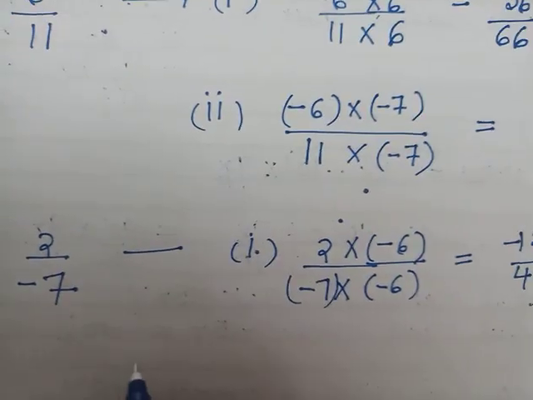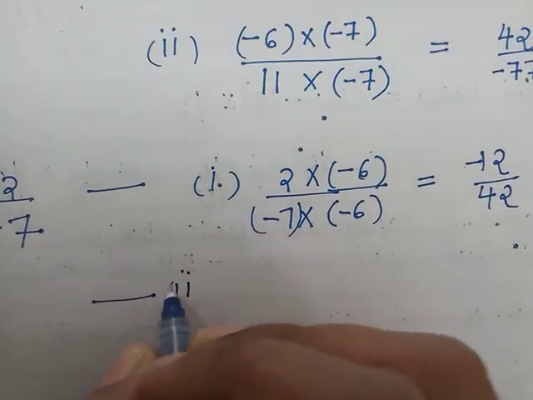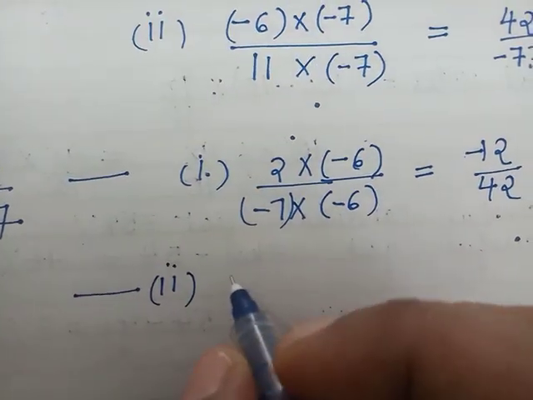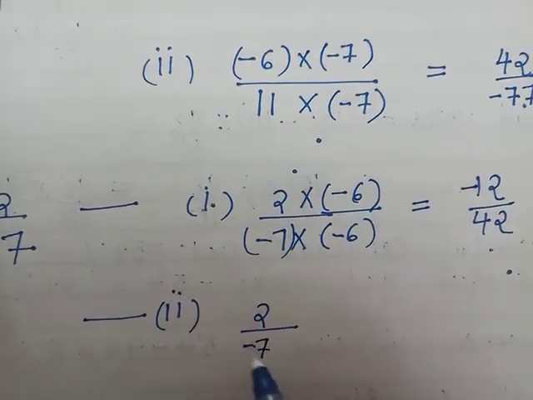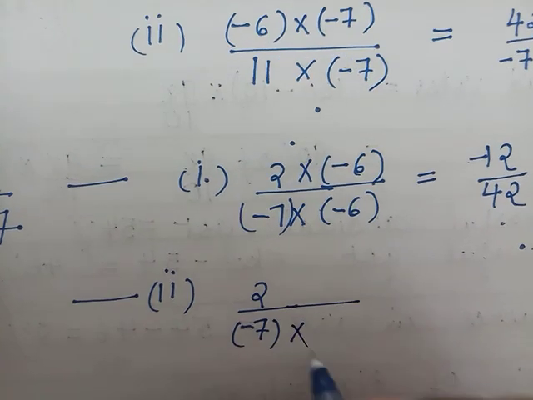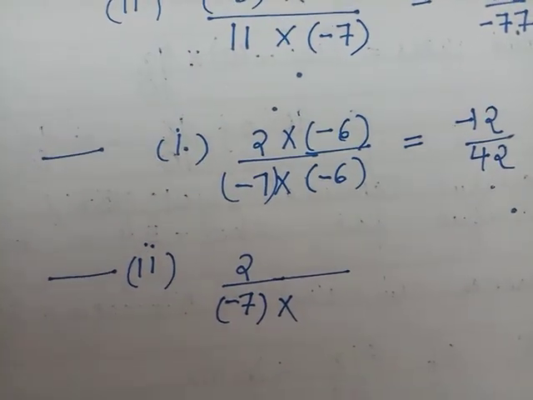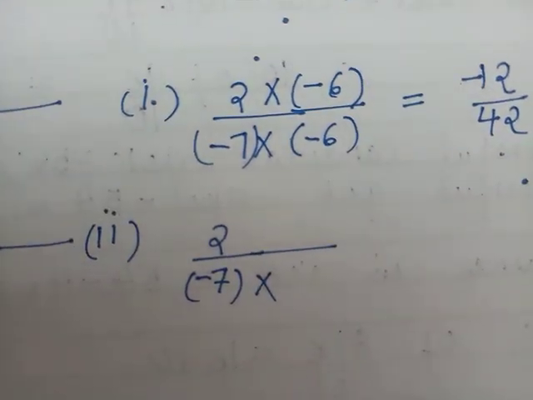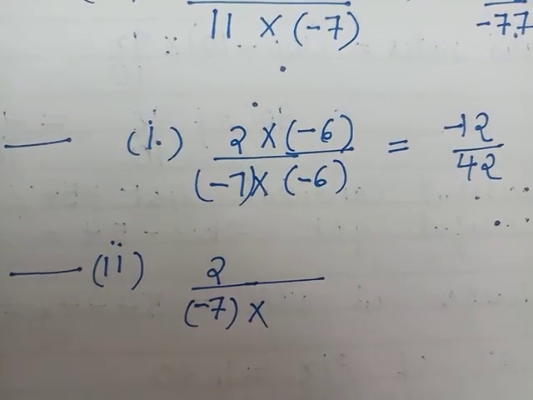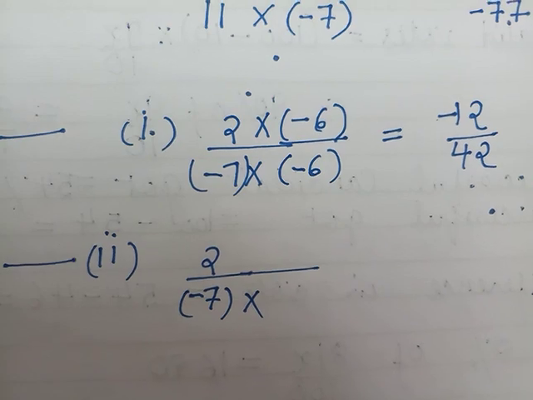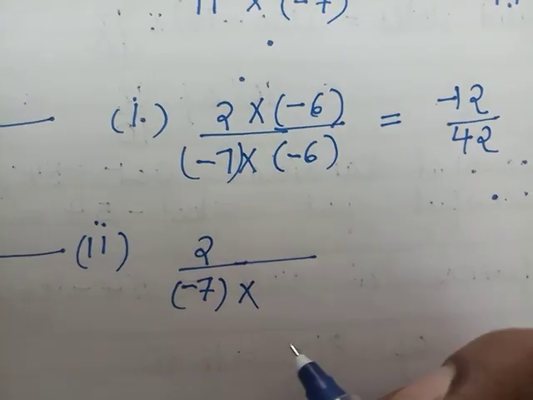Second part, we are looking for denominator minus 28. So I copy down the given rational number. Now tell me what number should be multiplied by minus 7 to get minus 28. See, minus is not a concern here because a negative sign is already there. 7 how many times for 28? 4 times.